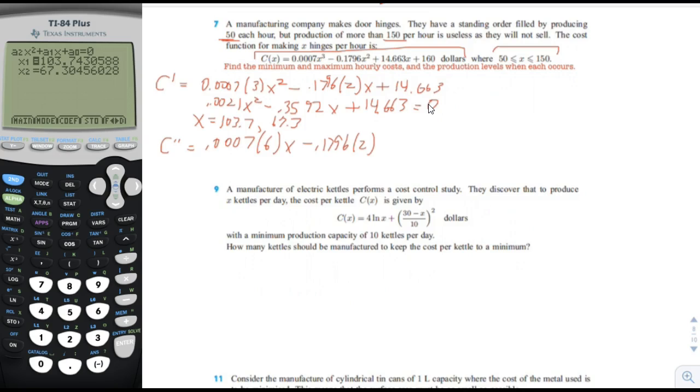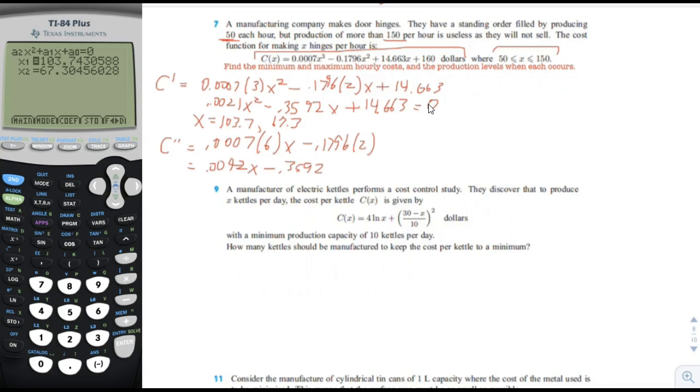Let's do the second derivative. And let's simplify this. It's going to be 0.0042x, and then minus 0.1796 times 2, which is minus 0.3592.